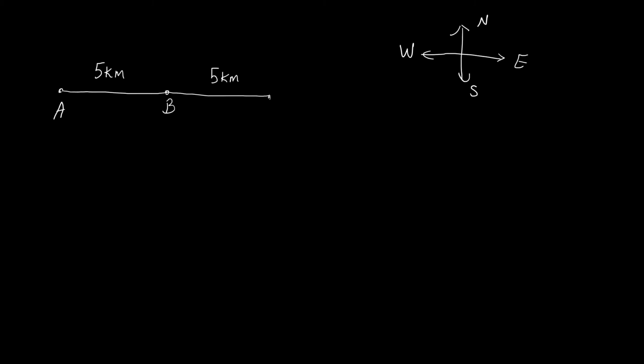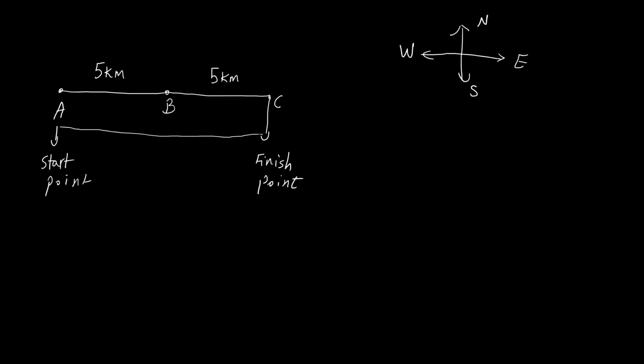And as you can see, I started from point A. This is my start point. And if I name this point C, this is my finish point. So the change of position for me is from point A to point C. So if I want to show it, this is the change of position for me.